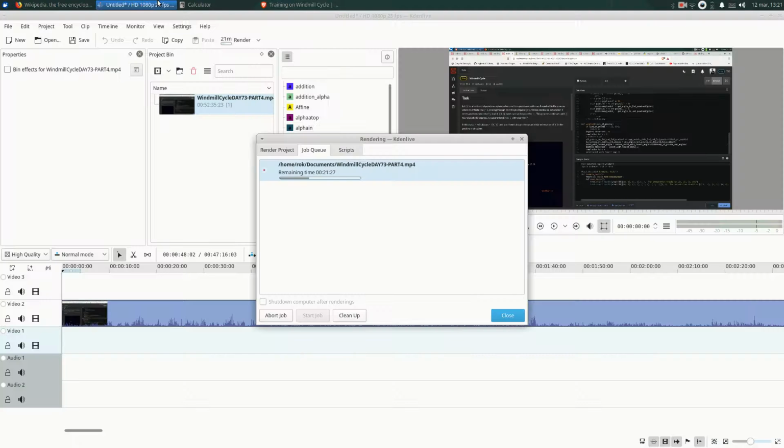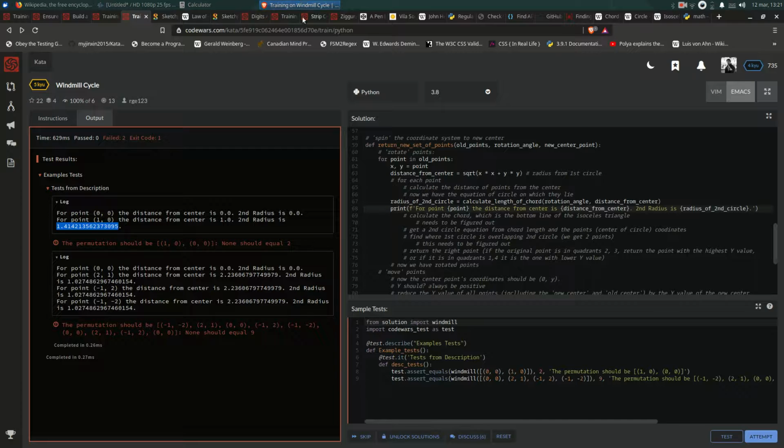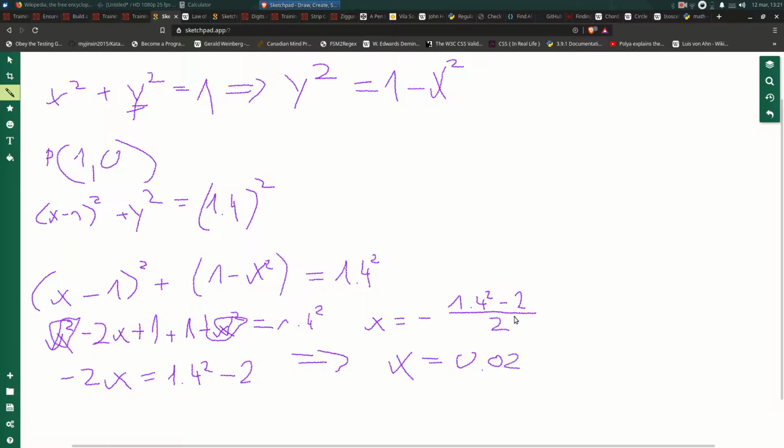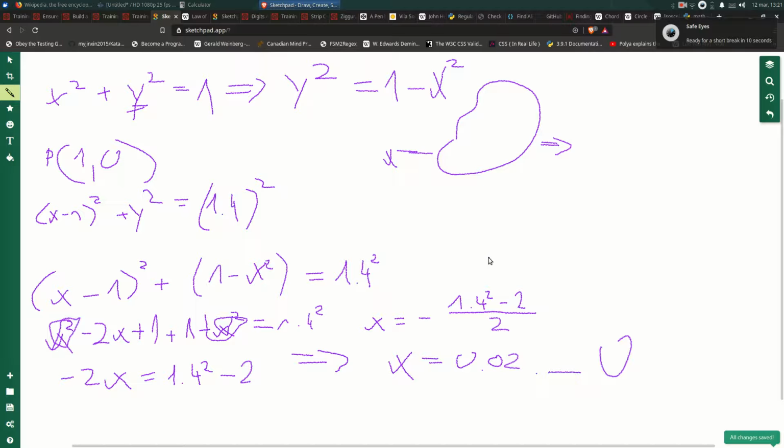So in this case x actually is 0, because 2 minus 2 is 0, so x is 0. That gets us to calculate the y.